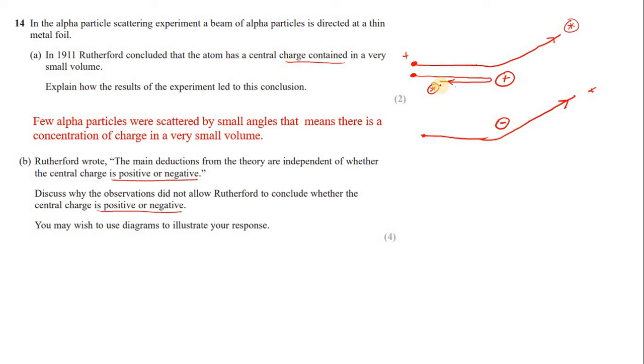And also the second observation, most probably a high energy or high speed alpha particle goes back, and then due to attraction it is returning. So we can observe both deviations, whether it is positive or negative. So both are valid.